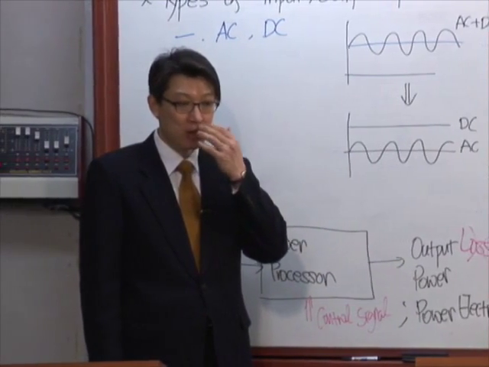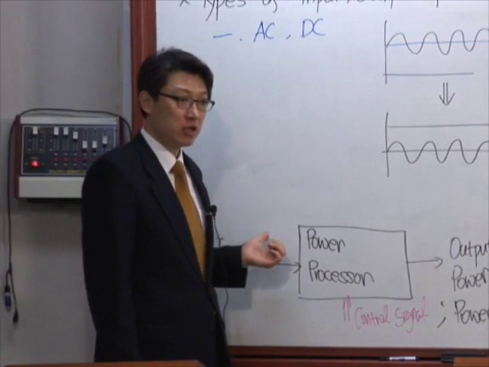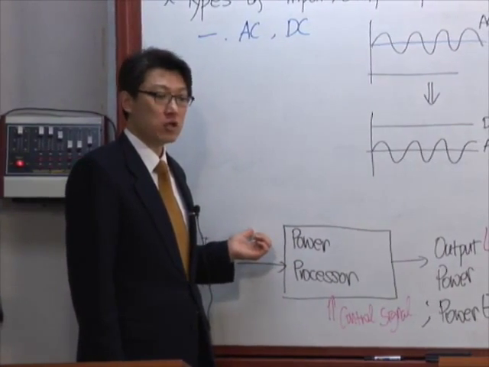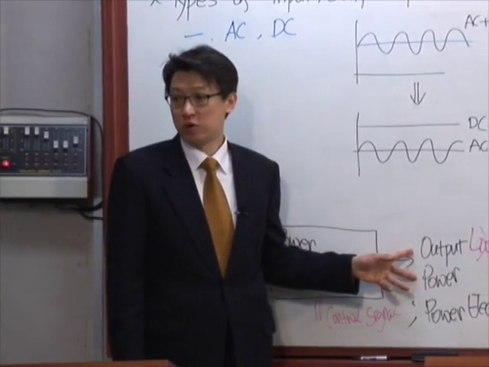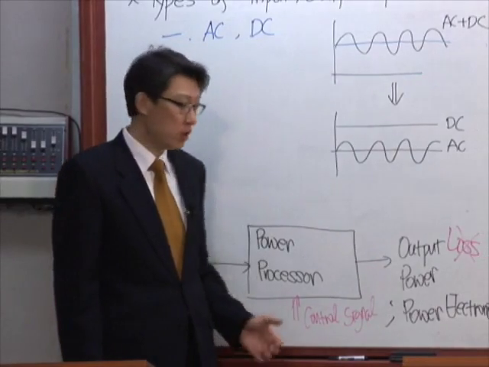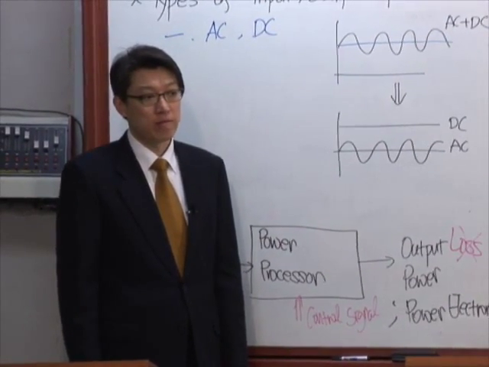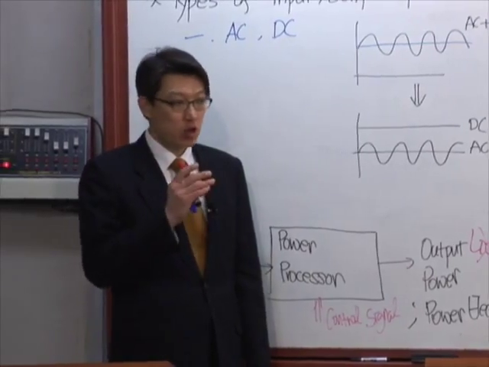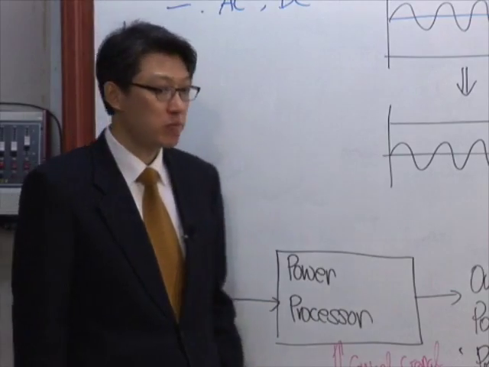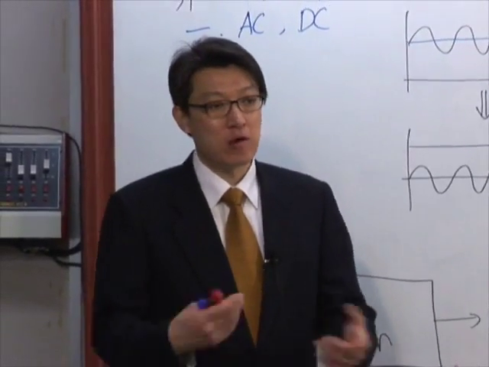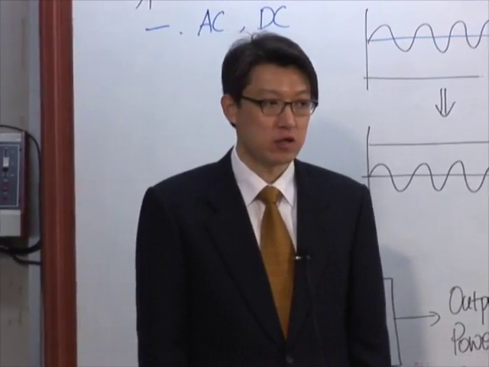Like if the input is a solar cell or fuel cell, these give DC voltage, right? And if we connect to a motor, we want to have AC. So we should have DC to AC power conversion. Usually the output power shape and input power shape are determined from the output side, and you have to conform with these given conditions.